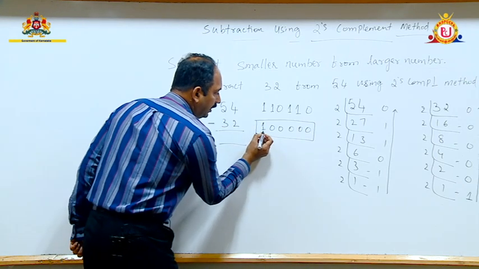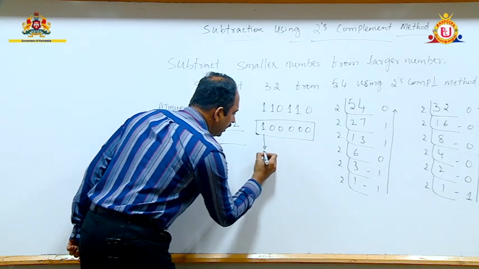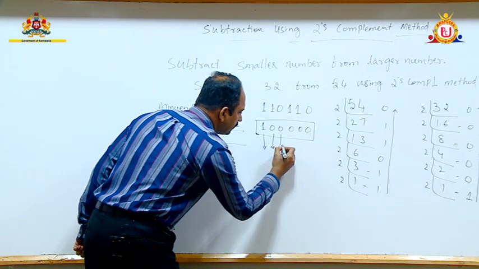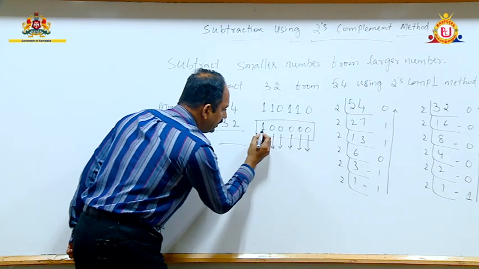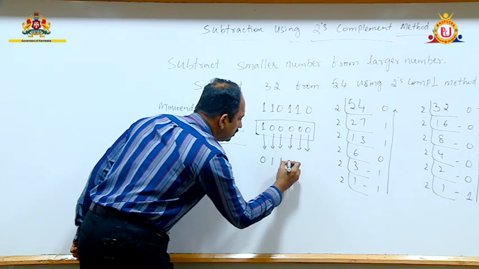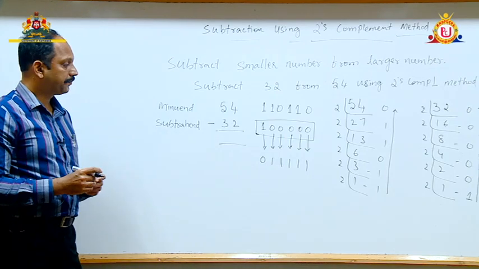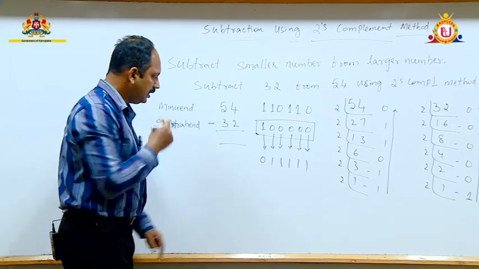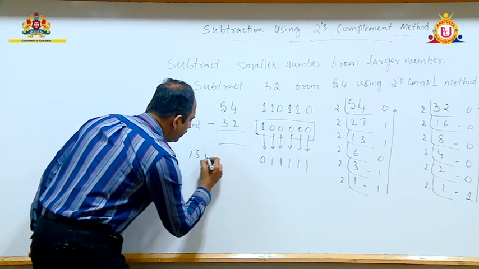In the first step, I am finding the 1's complement of this. That is, 1 becomes 0, 0 becomes 1, and so on for the other 0s. It is inverted, it is negated. So this number is said to be the 1's complemented number.